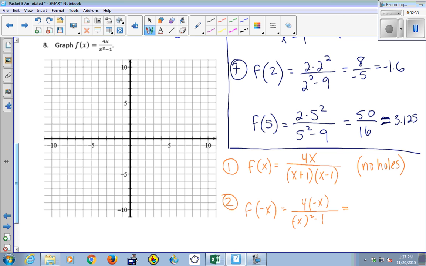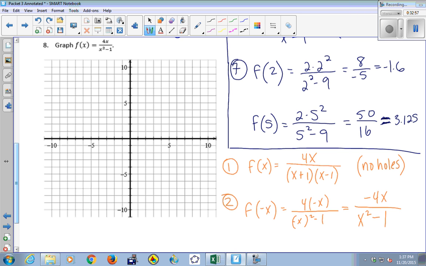Simplify: 4 times negative x is negative 4x, and negative x squared is x squared, minus 1. Okay. Is that exactly the same as the function I started with? No, so we know there is not any y-axis symmetry. Is it exactly the opposite of the function I started with?